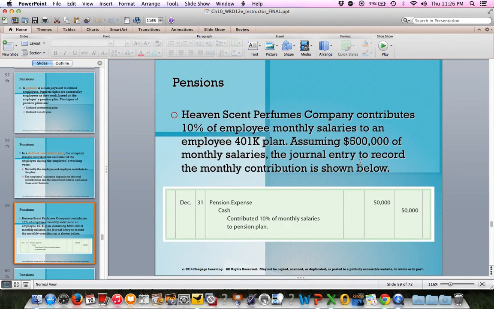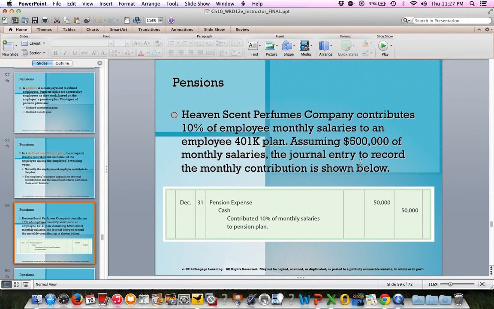Another way, though, it says Heaven Scent Perfume contributes 10% of employee monthly salaries to an employee 401k plan. Assuming $500,000 of salaries, the journal entry is as follows.